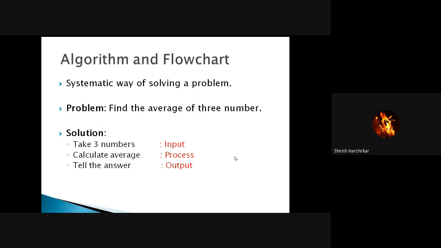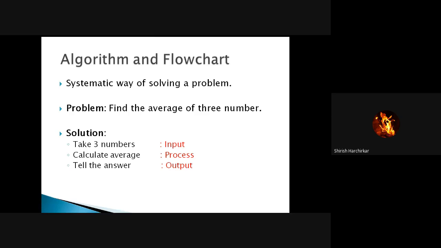Okay, so along with the algorithm, one more thing is a flow chart. What a flow chart is, we'll study later. If you study the algorithm, the flow chart will be the easiest one. So this step-by-step procedure that we do is what we call an algorithm. Here we took one example, that is a problem: finding the average of three numbers.